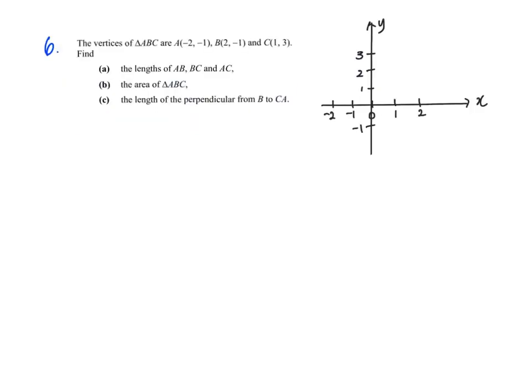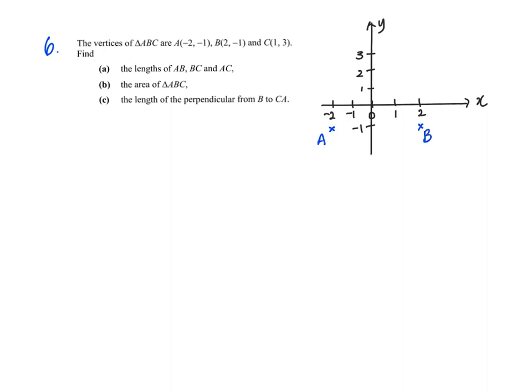Question number 6. In your textbook exercise 5.1, the vertices of this triangle ABC are A is equals to -2, -1. In order to get a clearer picture, I tried to make a sketch to show you what this diagram looks like. And then B is 2, -1. So what do you notice about these two points?